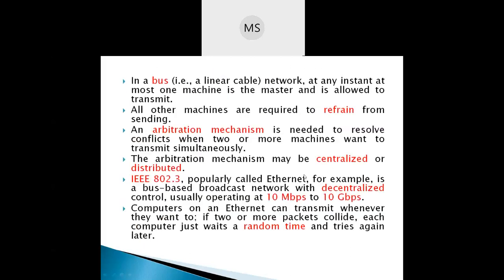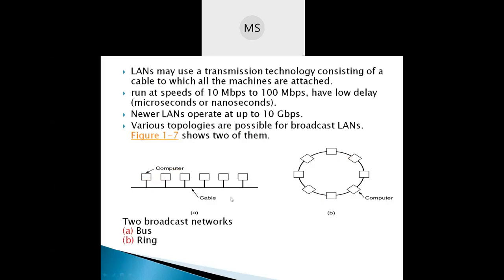In bus technology, at any instant at most one machine is the master and is allowed to transmit. All other machines are required to refrain from sending. An arbitration mechanism is needed to resolve conflicts when two or more machines want to transmit simultaneously. As we have only one channel here, only one system can transfer data at a time. The remaining systems have to wait, even though they have data to transmit, until the first data transmission is over.